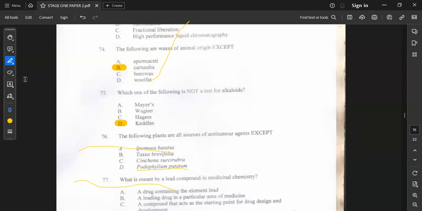Or you find a salt which you expected to be soluble in water, but it is insoluble in water, something like quinine monosulfate. We expect it to be soluble in water, but it is insoluble in water.